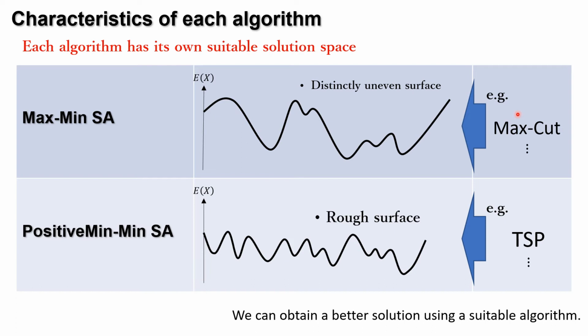For example, if we convert a max cut problem to QUBO, the solution space often looks like this. In contrast, the positive min-SA algorithm is good at exploring spaces with rough surfaces. For example, if you convert a TSP to QUBO, the solution space often looks like this. We can obtain a better solution by using a suitable algorithm.